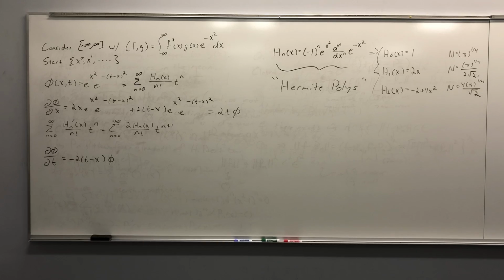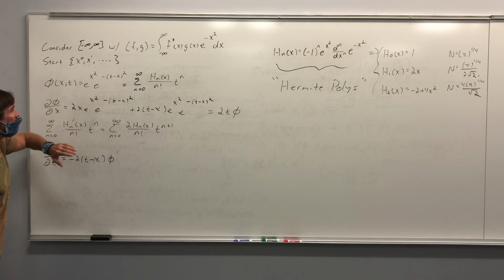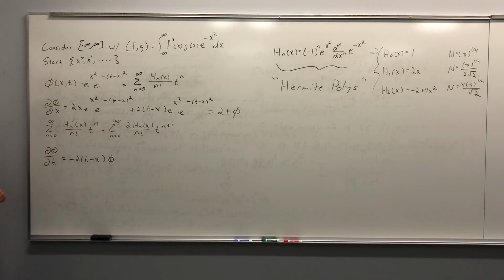You take d by dt, t is sitting in the exponent all by itself, so clearly you're going to get something like this.